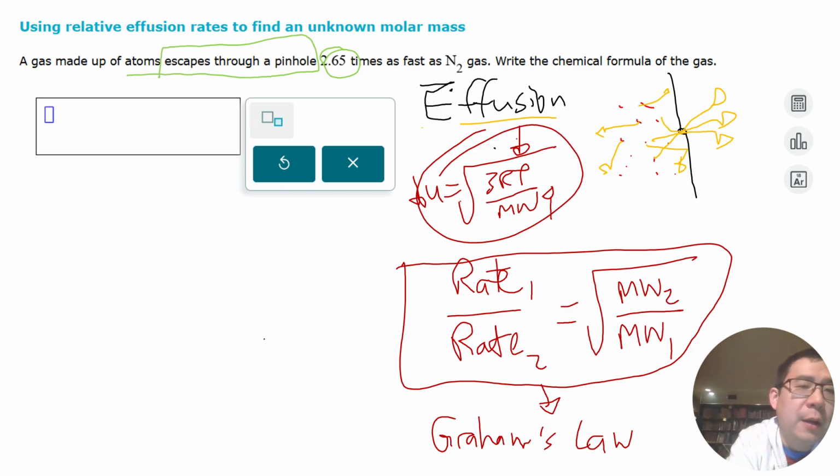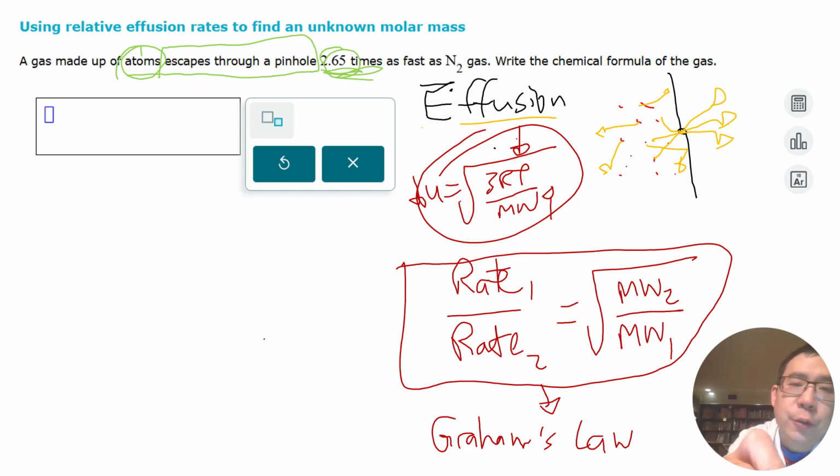So that means it's an atomic gas, not a molecular gas, like helium, neon, argon. One atom, and it effuses 2.65 times as fast as N2 gas. That means it's 2.65 times faster.